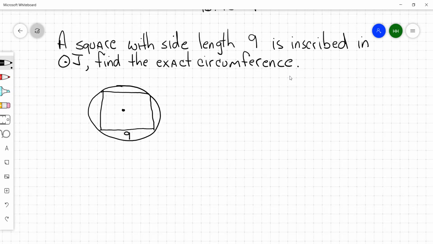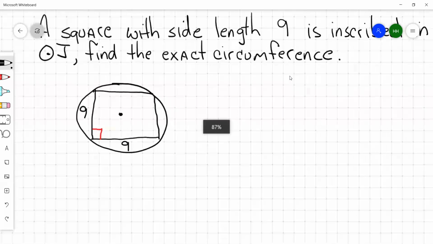Well, if one side of the square is 9, all the sides are 9. Agreed? It's a square. Now, since it's a square, it's got 4 90-degree angles. Or more importantly, it's got one 90-degree angle.